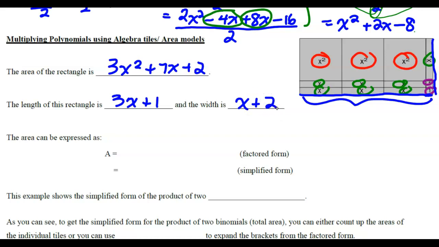Okay. So the area can be expressed as length times width. 3x plus 1 times x plus 2. Again, with the brackets, it's called factored form. And then expand that out. Hopefully, when you expand that out, you get the area that we had right here. Okay, so you do that right now and make sure you get the same thing.